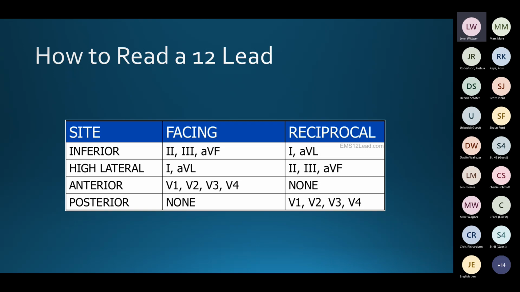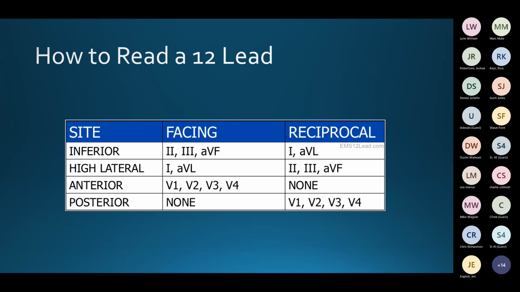Anterior is V1, V2, V3, V4. Now you can also put septal in, although it's not as important. Septal is V1. You almost never see just septal, but a lot of times you will see anterior that doesn't have anything in V1.